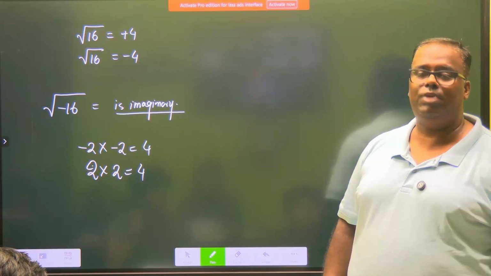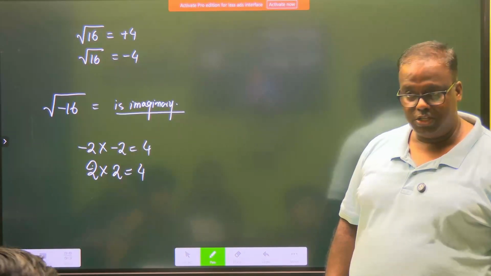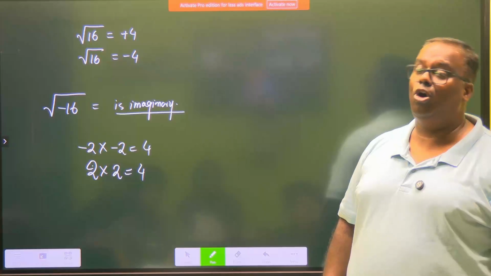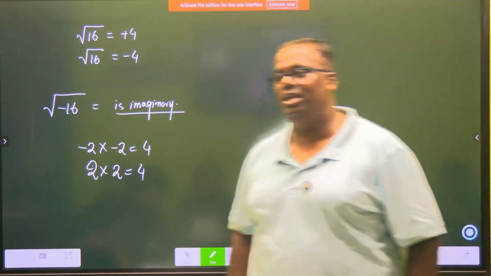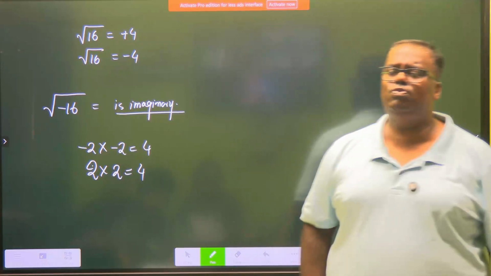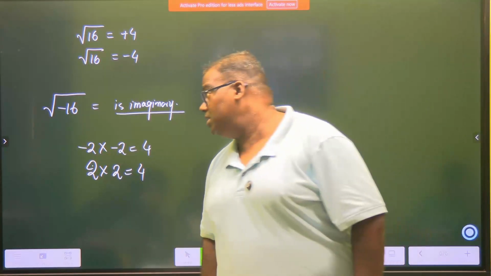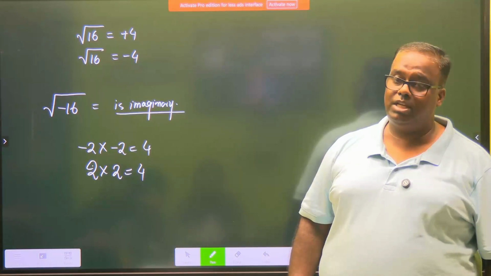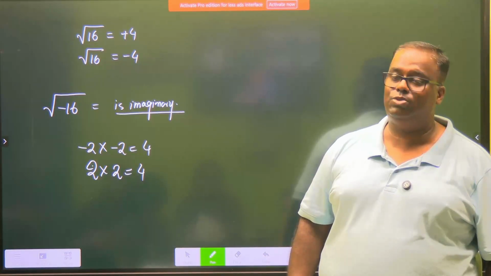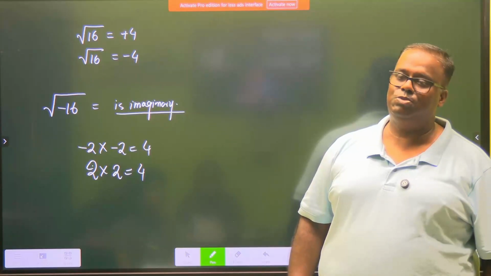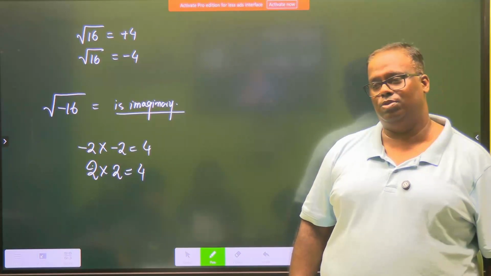Create negative 8: minus 2 into minus 2 into minus 2. In odd powers that is possible. In evens you cannot bring negative. Multiply a number 4 times and get me negative 16. Not possible. If you take negative 2, negative 2, negative 2, negative 2, it will give you positive 16. Positive 2, positive 2, positive 2, positive 2, it will still give you 16.